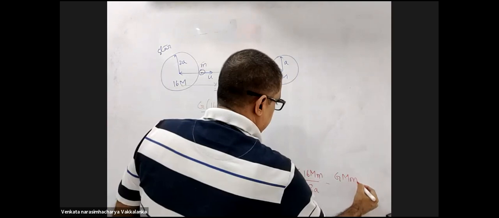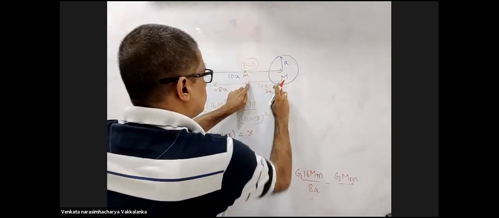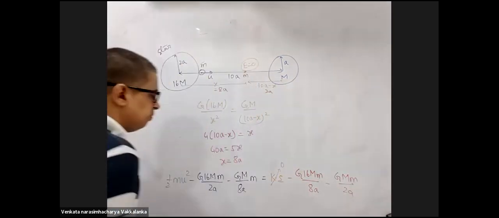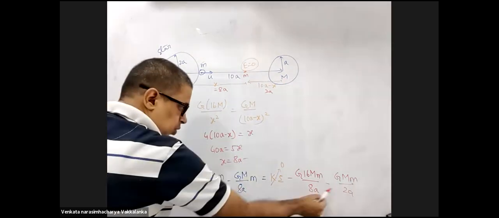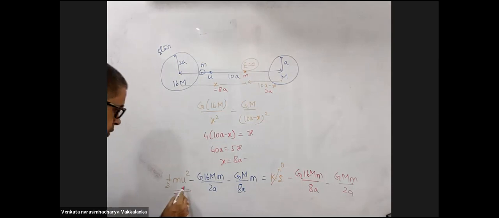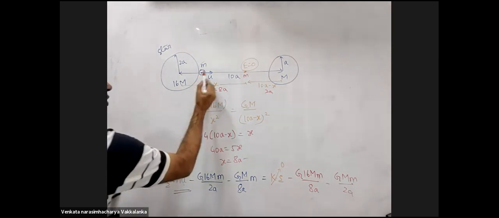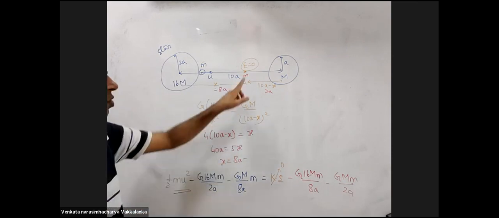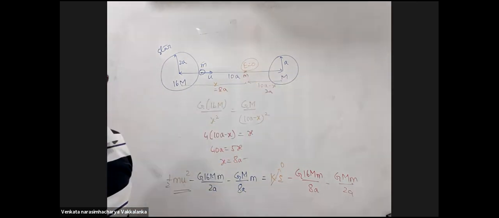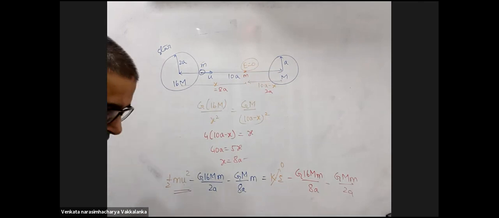Minus G capital M small m by this distance, which is 2a. Once I know x is equal to 8a, solve this equation. That gives the minimum velocity you should give so that it crosses this point. Once it crosses this point, it will by default go towards that particular star.